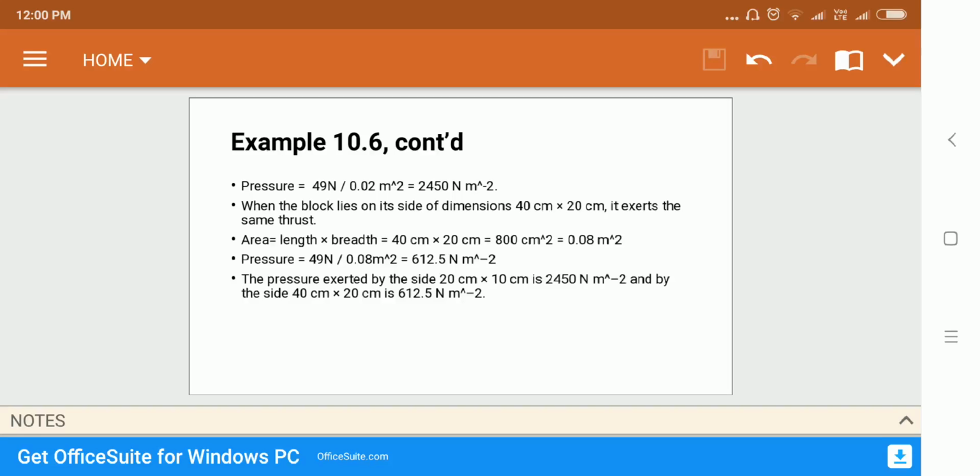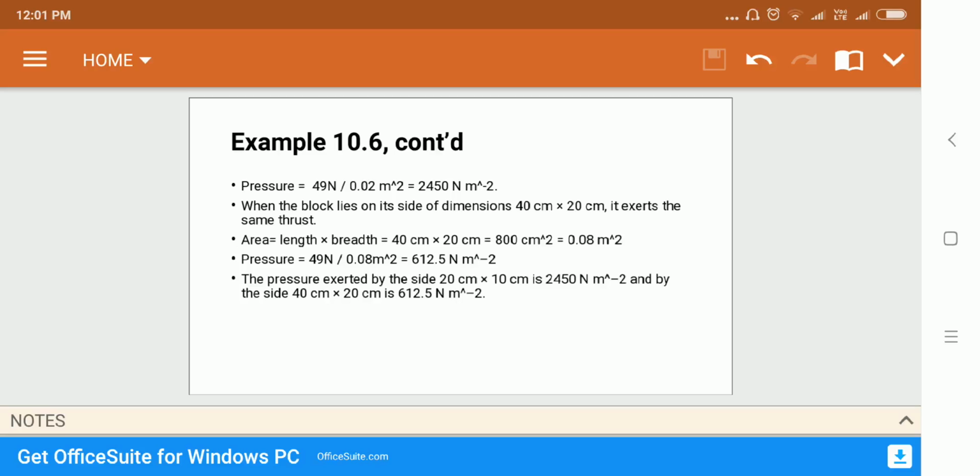Convert into meter, so 0.08 meter square. So now the pressure becomes, thrust is the same, 49 Newton. Now the contact area is different, so the area is now 0.08 meter square. So now the pressure becomes 612.5 Newton per meter square.